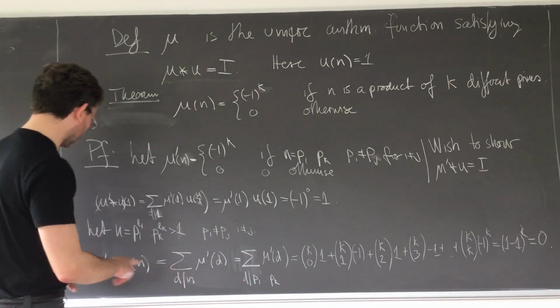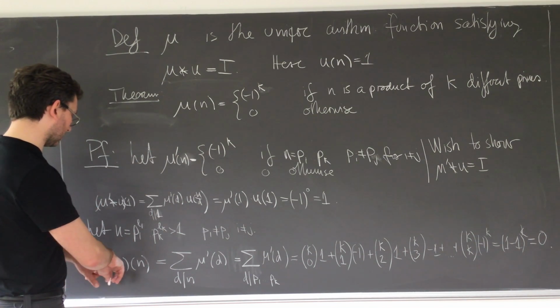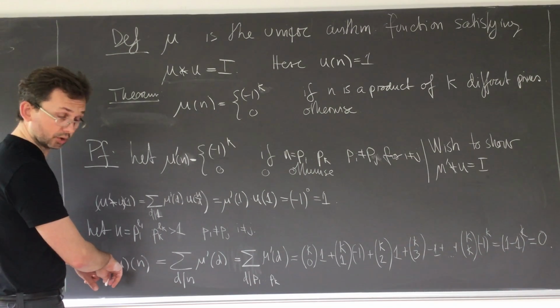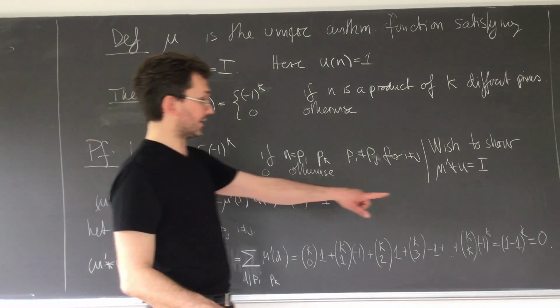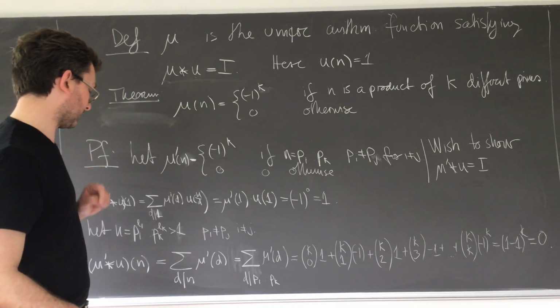So I have proved that with this definition, mu prime convolved with u evaluated at n is 0 when n is strictly bigger than 1.